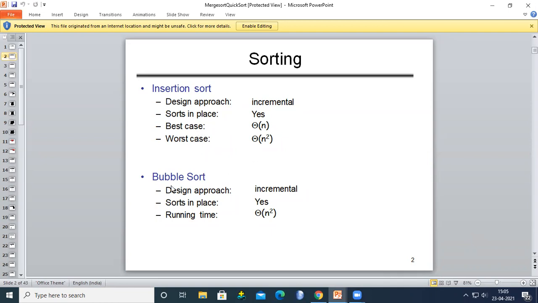Bubble sort: design approach incremental, sorts in place, yes, running time theta of n square.